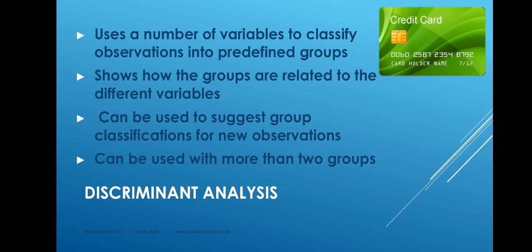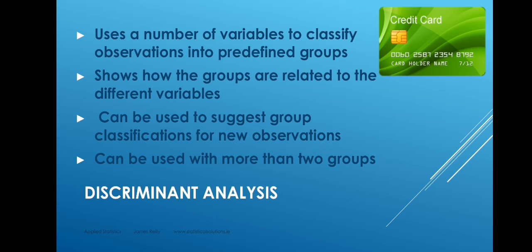The next multivariate technique we'll consider is discriminant analysis. Now, in binary logistic regression, we have considered discriminating between borrowers who may or may not default on their credit card loans. And in that case, there were only two categories: default, yes, or default, no. Discriminant analysis does a similar task, but can do so when there are more than two categories.